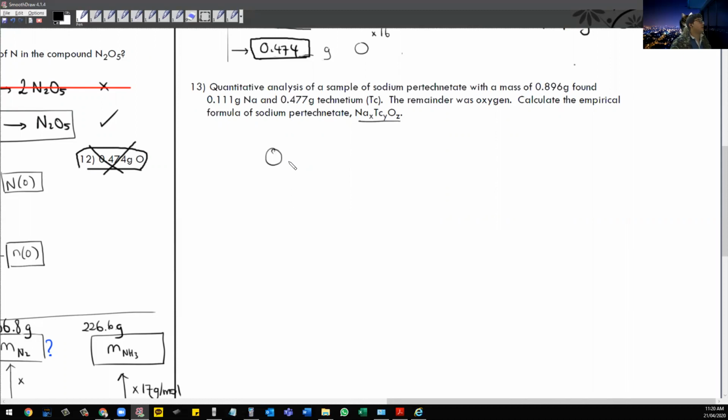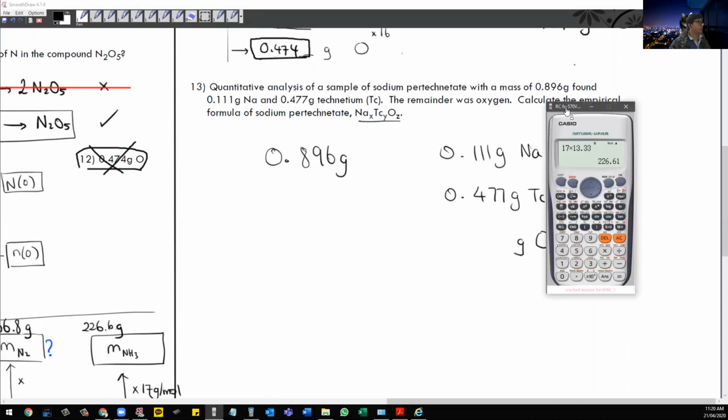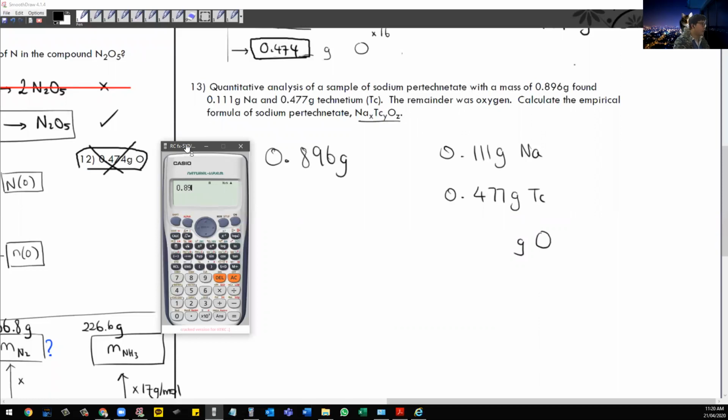So we have 0.896 gram of this, but then 0.111 gram is sodium, and 0.477 gram is technetium. And the other one is oxygen. So let's find out the mass of oxygen. This is the total mass, 0.896 minus 0.111 minus 0.477. Then you get 0.308.